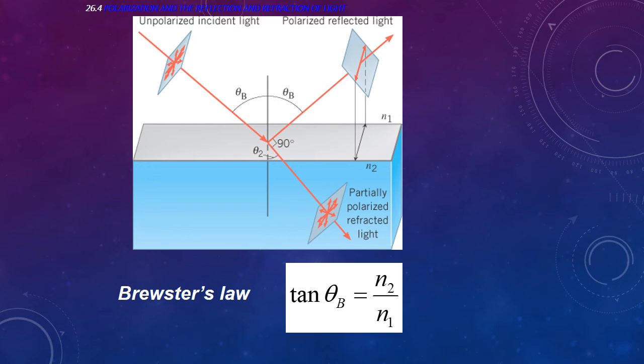And it turns out that this angle is related to the tangent. So when the tangent of the angle of incidence equals the ratio of the indices of refraction, you get completely polarized reflected light. So tangent determines Brewster's angle, and that gives you the polarization effect.